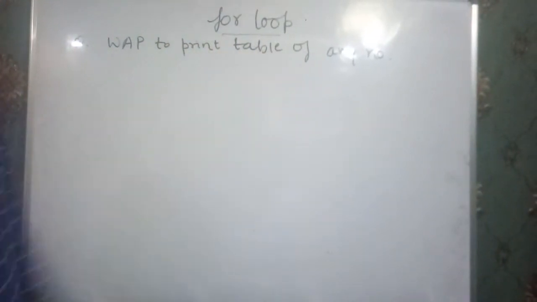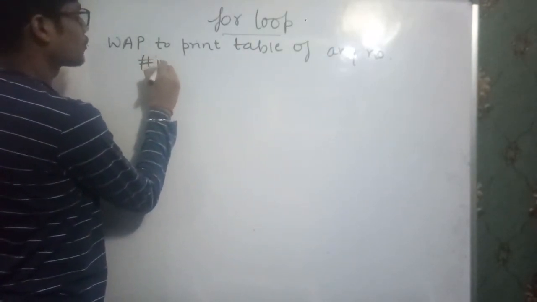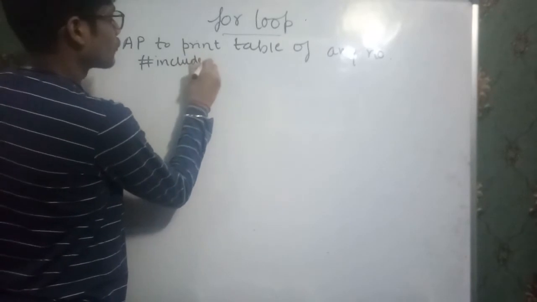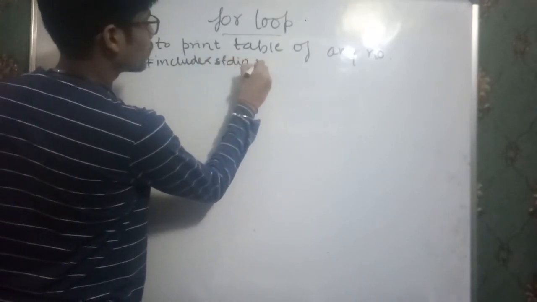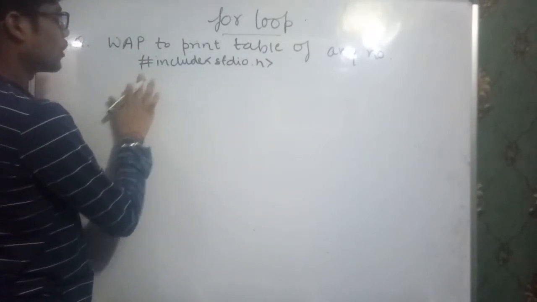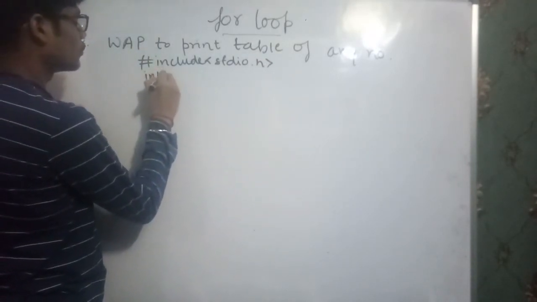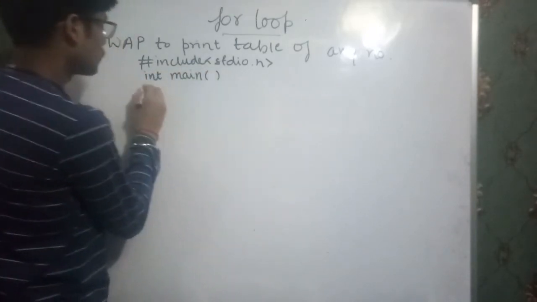So print the table of any number. For example, our basic step, that is compulsory. I'm not going to write this #include in my upcoming videos, as you all know, no need to tell these things.